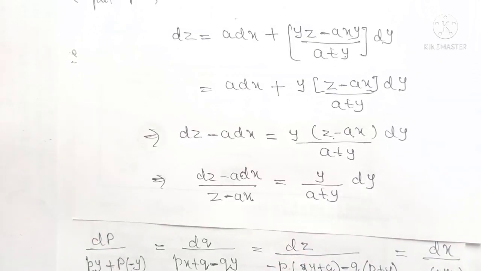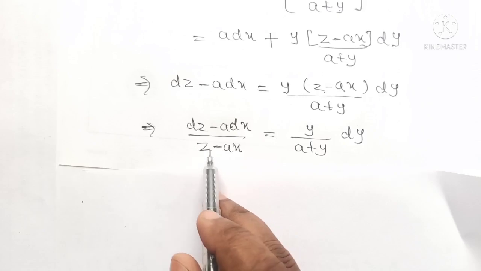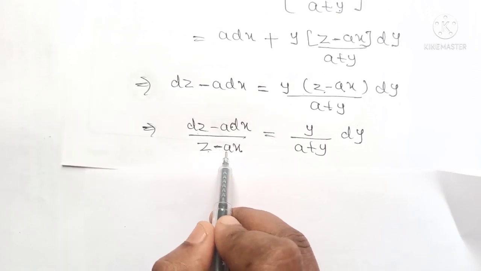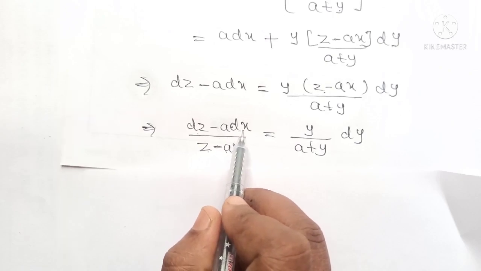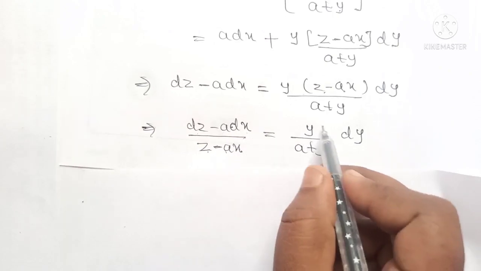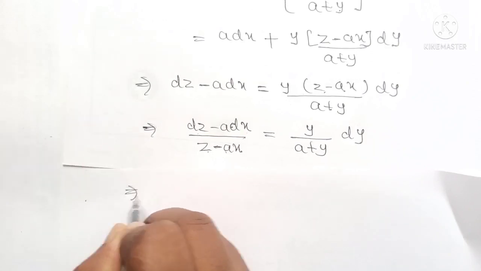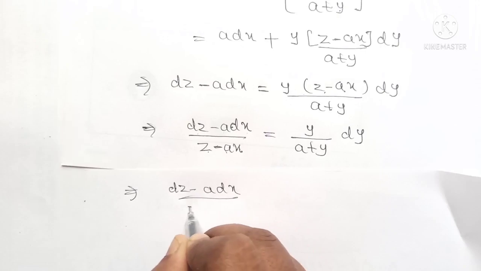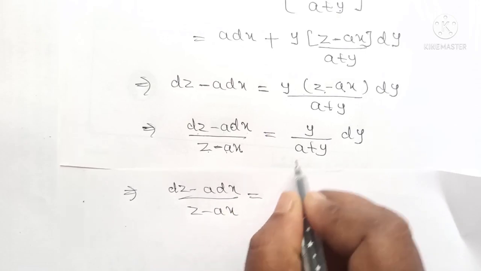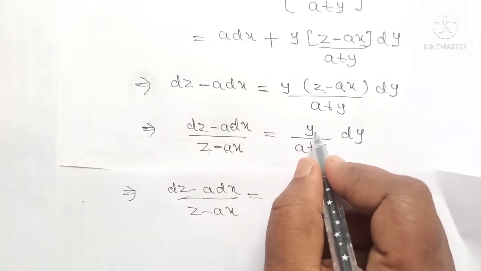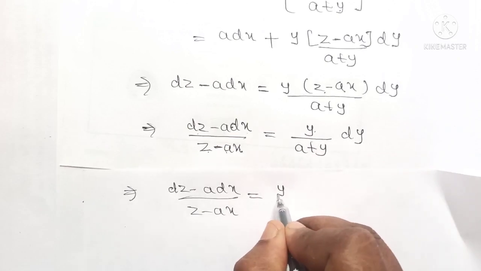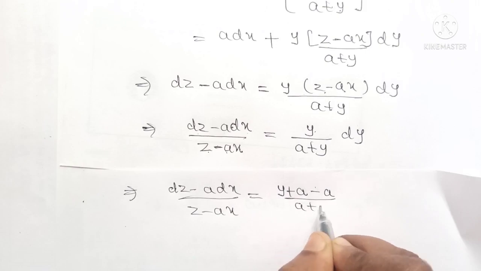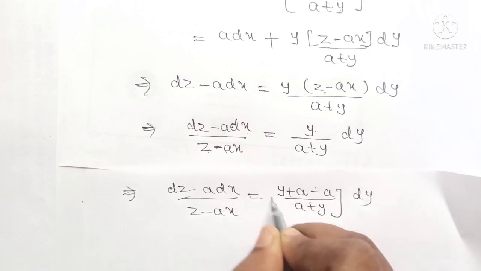Now we have to integrate this. On the left side, the integration of dz minus a dx is straightforward, but on the right side we have to simplify first, then go for the integration. On adding and subtracting a in the numerator, we get a plus y minus a divided by a plus y into dy.